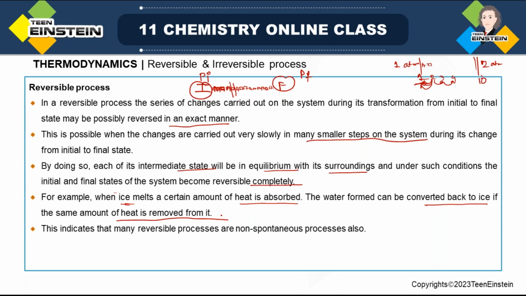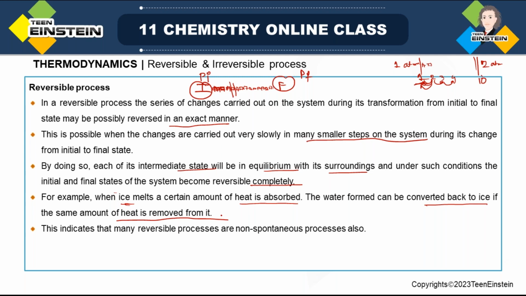Fine. So reversibility, you can associate the term with equilibrium. Though I am not saying that because equilibrium may be of two types. It may be dynamic equilibrium or it may be static equilibrium. Static equilibrium we mostly do not use in chemistry.